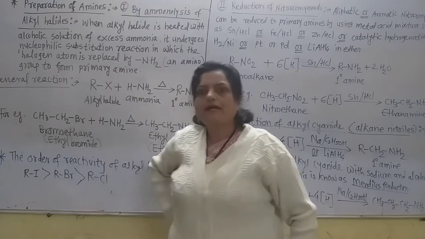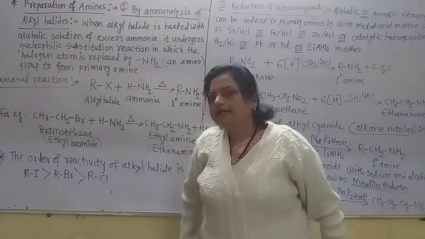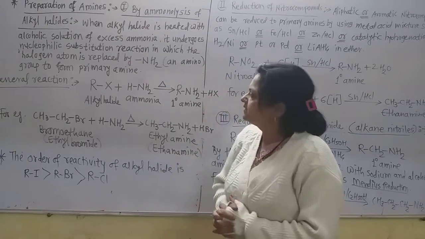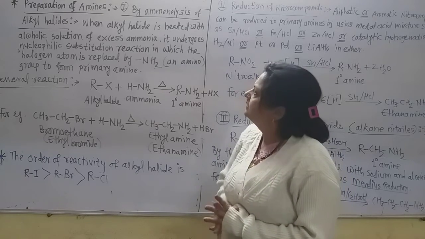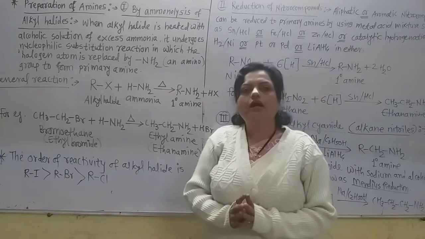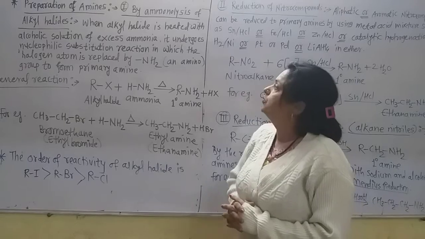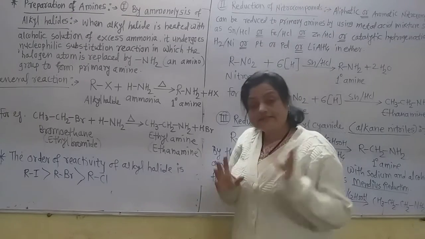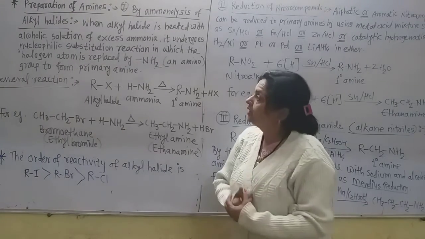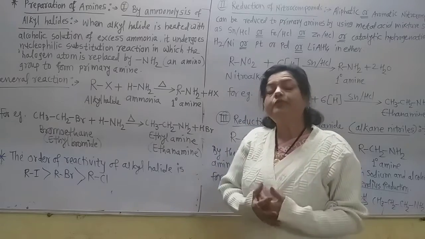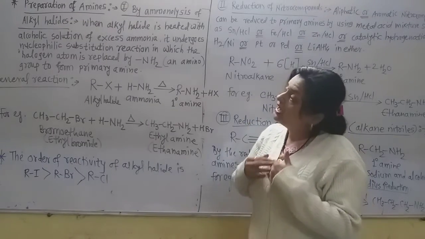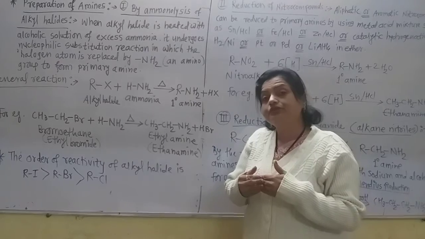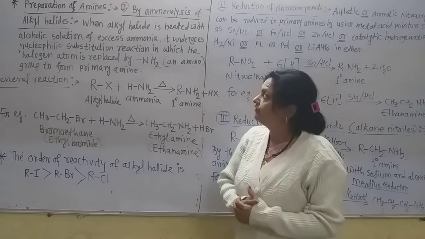When the primary alkyl halides, such as any alkyl halide you can take, are heated with the alcoholic solution of ammonia, excess ammonia is required. It undergoes nucleophilic substitution. That means one nucleophile gets substituted by another nucleophile.